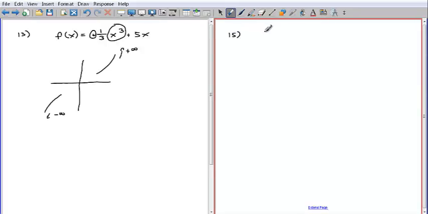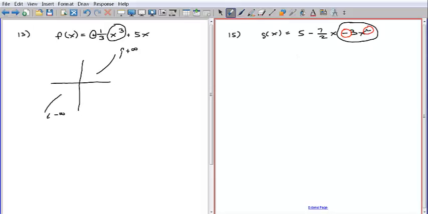Okay, so 15 is a second order expression. And again, we just concentrate on the highest order term, which is this one. And we look at whether the exponent is odd or even. So that's even. And we look at the sign.